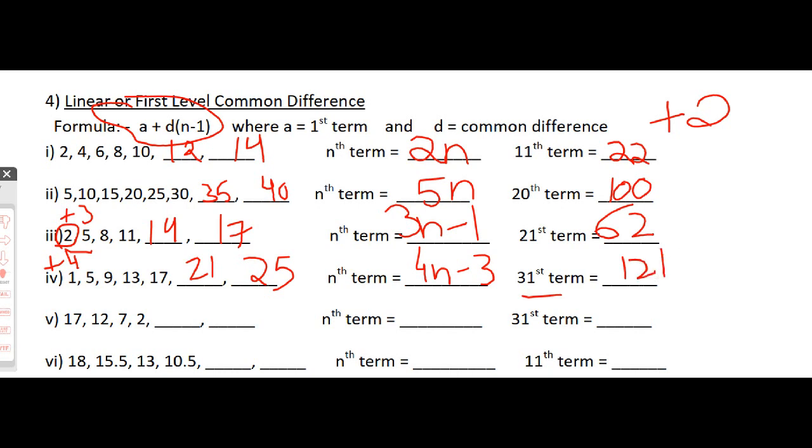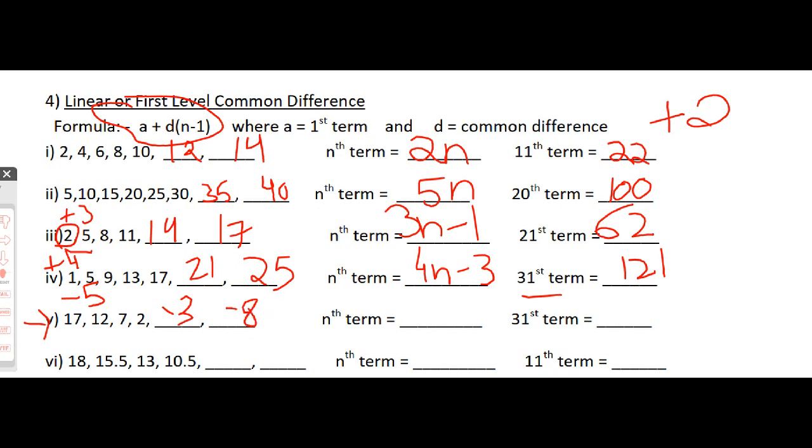Okay. Then 17, 12, 7, 2. What is happening here? We are subtracting 5 in each case, right? So 17 minus 5, 12, 12 minus 5, 7, 7 minus 5, 2. So 2 minus 5 is minus 3, and minus 3 minus 5 is minus 8.